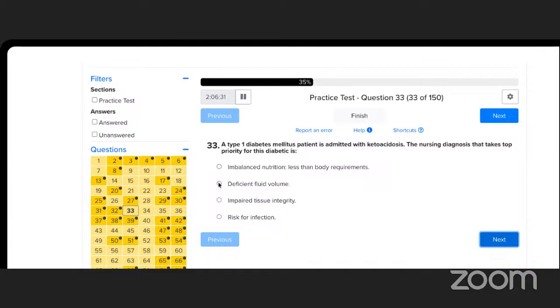I'm gonna say deficient fluid. Remember it says takes top priority. I mean, imbalanced nutrition is a priority, but I don't think it supersedes fluid volume. I think all of these have something to do with ketoacidosis, but remember they say top. Which one will you prioritize? And I'm gonna go with fluid volume.